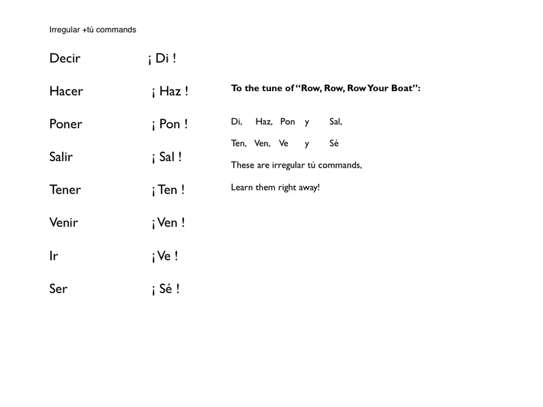So for decir, to tell the truth, di. Hacer, to do something, haz la tarea. Poner, to put something, pon. Salir, if I'm telling you to leave, sal. Tener, ten, most commonly used with ten cuidado, be careful. Venir, ven, which means come here. Ir, ve, which means go.